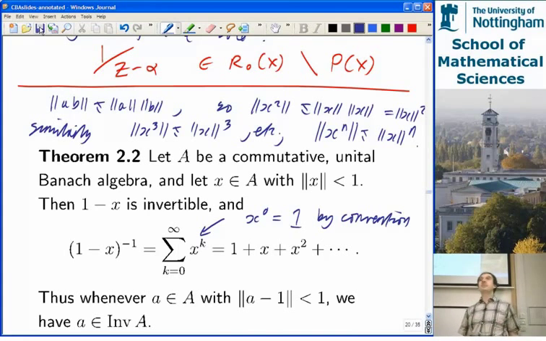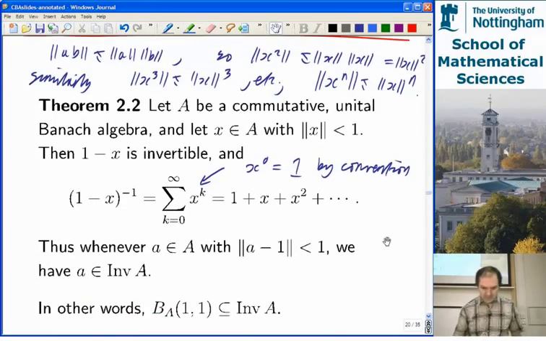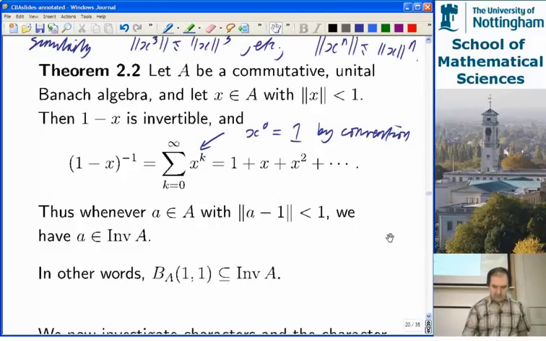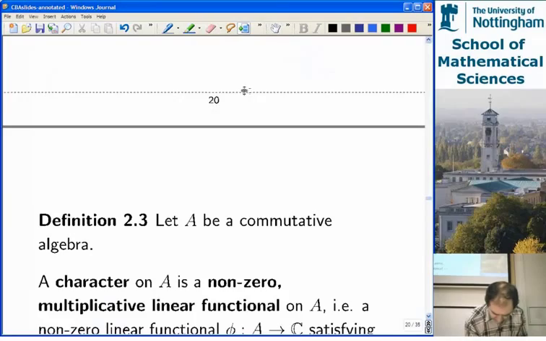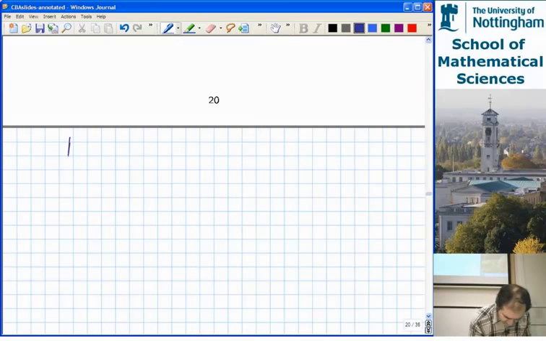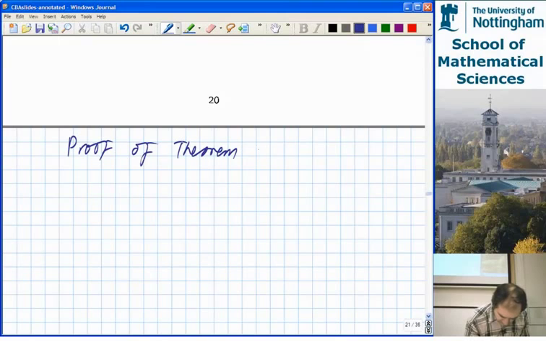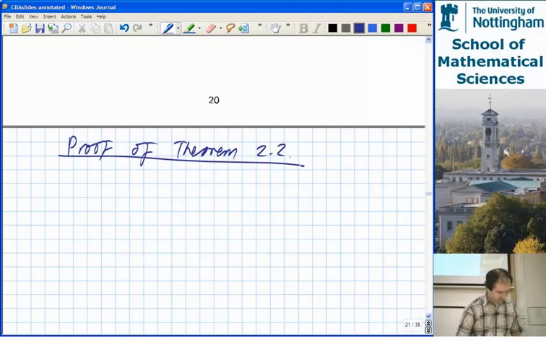And now this looks like a geometric series here, which you would expect to add to 1 over 1 minus x, except that we're dealing with elements of a Banach algebra, so you want to make sure this is actually correct. So let's see the proof of Theorem 2.2. Well, first we look at that series.